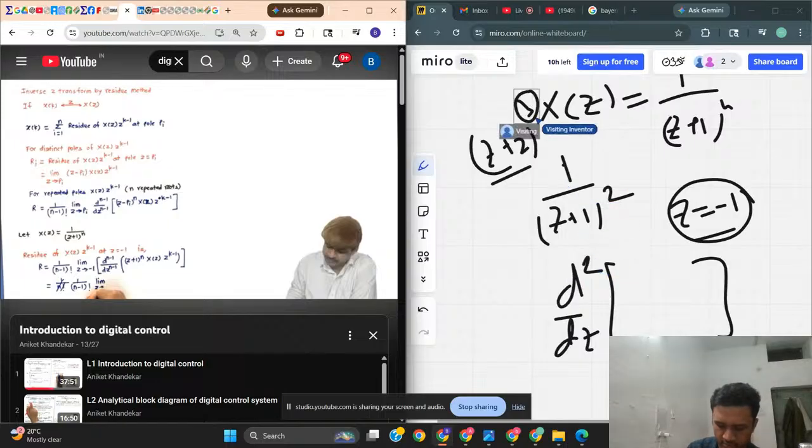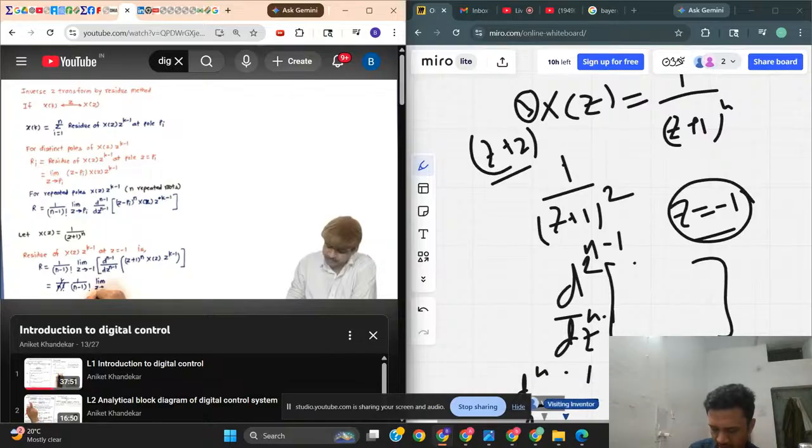Basically, it is always n minus 1 derivatives, d^(n minus 1) by dz^(n minus 1) of (z plus 1) to the power n into X(z), with z to the power k minus 1 also included, and you divide this by (n minus 1) factorial. So it's a very general way of doing it.